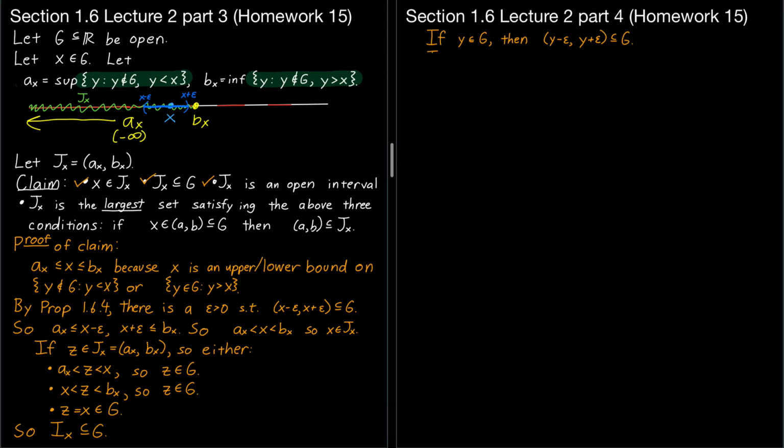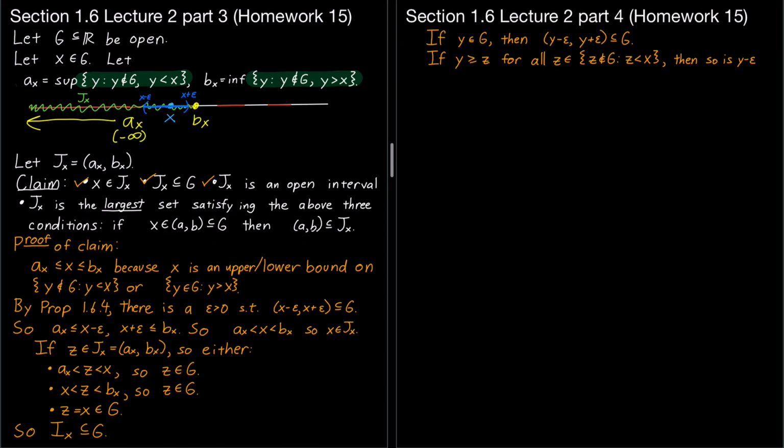And if y is greater than or equal to z for all z in the set that we defined a_x with, if it's bigger than all z that are not in G and also less than x, then so is y minus epsilon, because everything between y and y minus epsilon is in G.